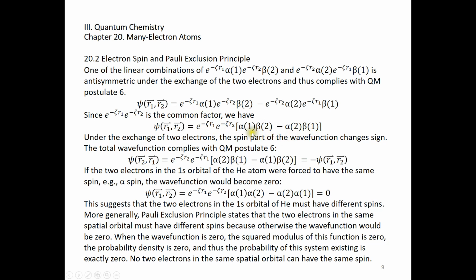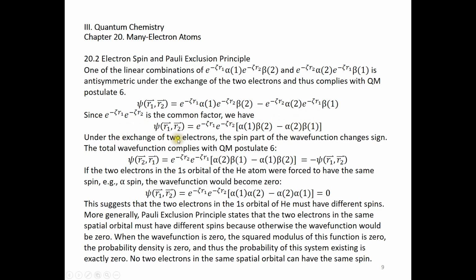The spin part is alpha 1 beta 2 minus alpha 2 beta 1. This is anti-symmetric, because if you exchange 1 and 2, it becomes alpha 2 beta 1 minus alpha 1 beta 2, which is the opposite of the original spin part.